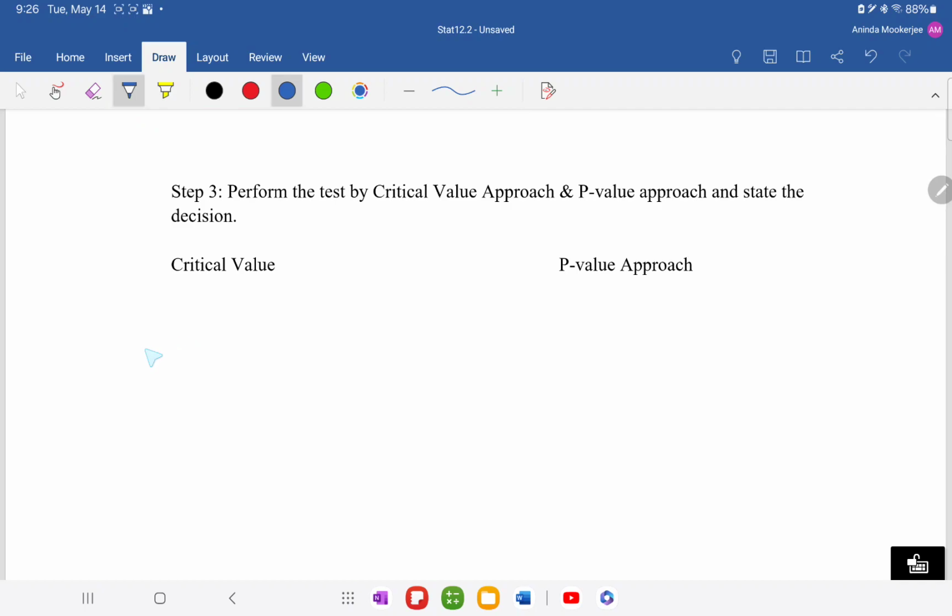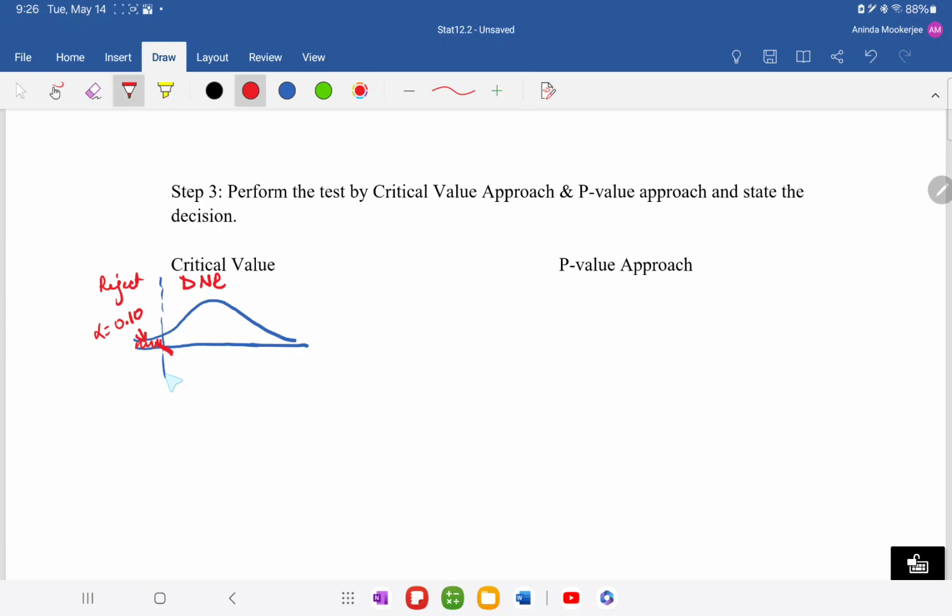I'm going to first draw the normal curve for the critical value, and it's going to have a reject region to the left. So reject and do not reject, and the area under the curve corresponding to the reject region is going to be alpha equals 0.10.